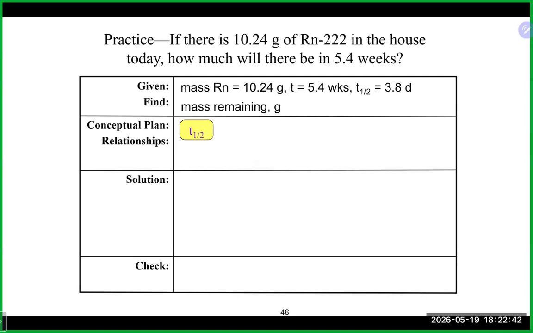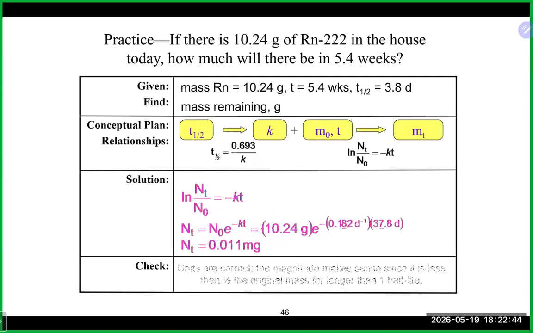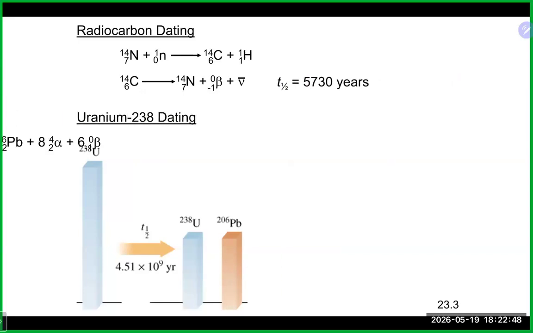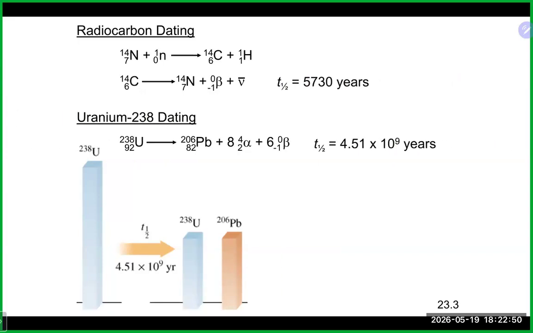The next thing we're going to talk about is how we can use our kinetics to do some radiodating. Let's figure out how old things are. We could do radiocarbon dating, which uses carbon-14, which decomposes down into nitrogen and has a half-life of 5,730 years.